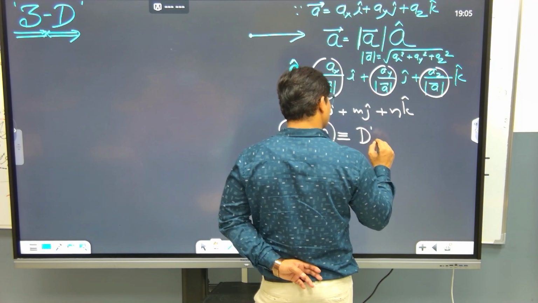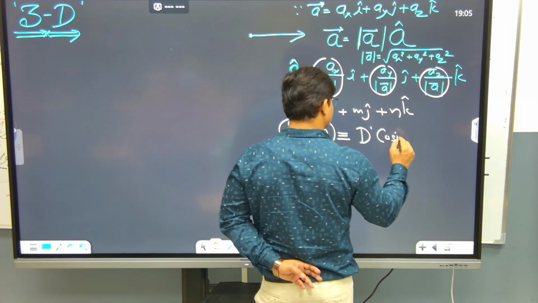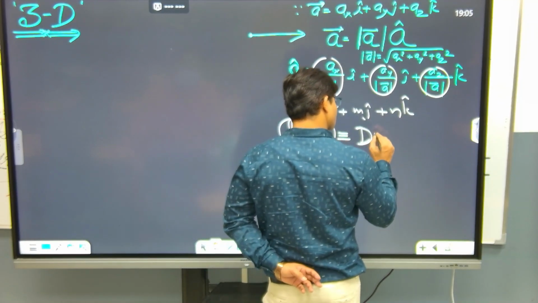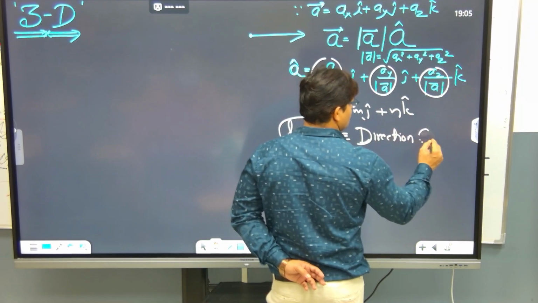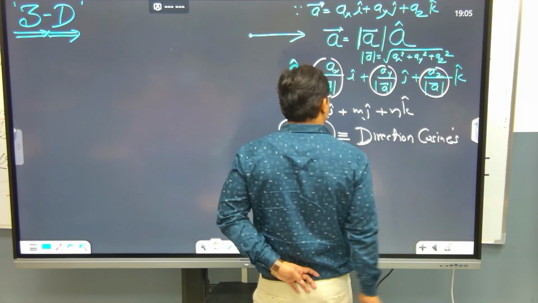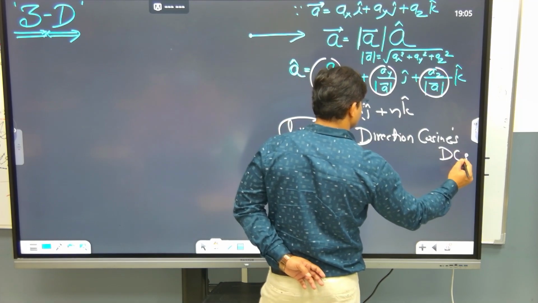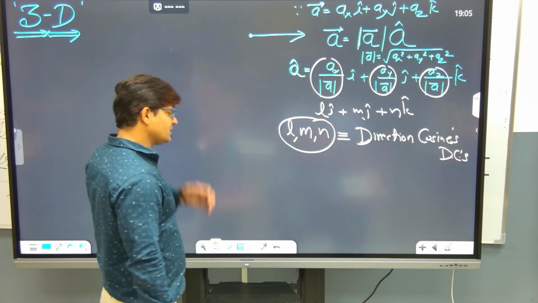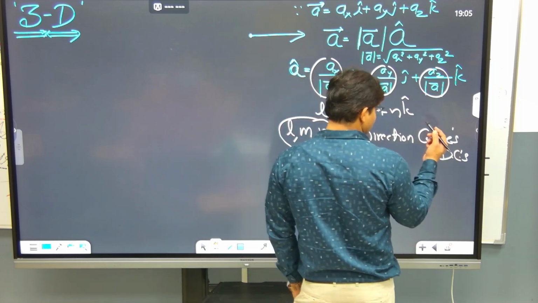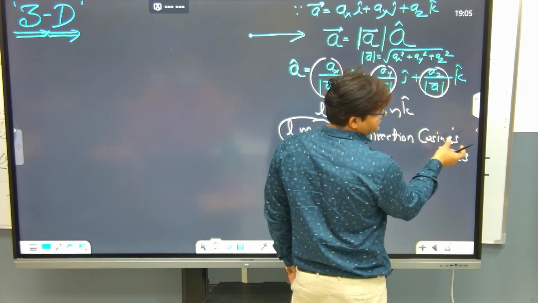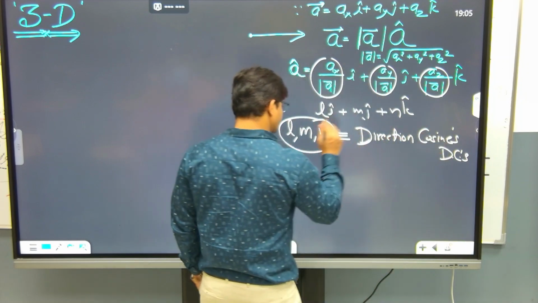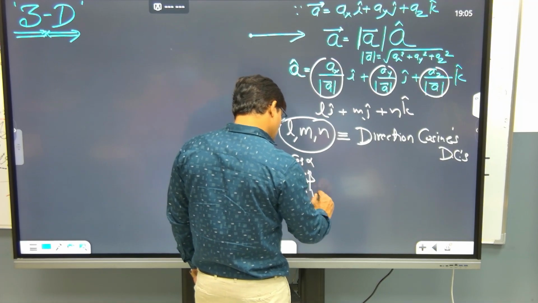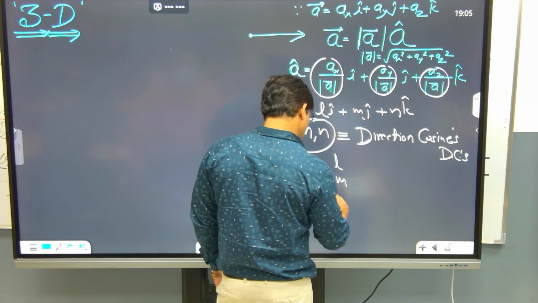So we normally represent them by DCs. What are the direction cosines? As the name suggests, cosine, that means these are the direction in terms of cosine value. So direction means angle and cosine. So l, m, n are logically our cos alpha, cos beta and cos gamma. So this value is l, this value is m, this value is n.